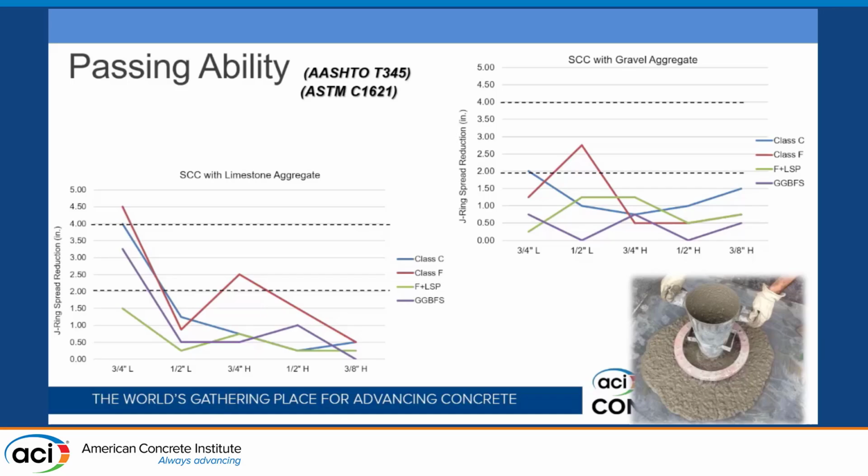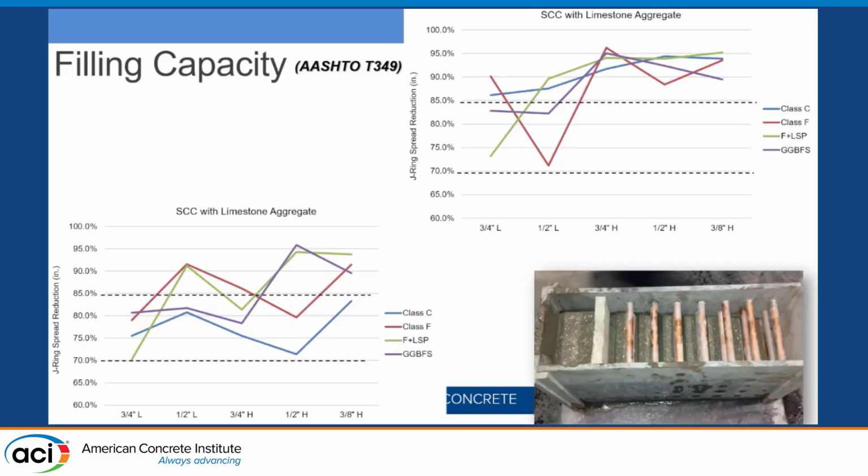So trying to look at the passing ability in a different way, which is a caisson test, which is an AASHTO standard. Also, the limits for the caisson test is 70% or below is a low passing ability or filling ability. And then from 70 to 85 is moderate, and above 85 is considered very high or good filling capacity.